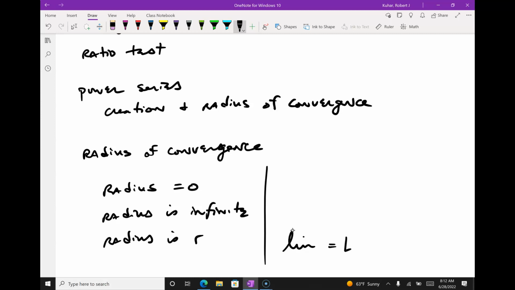When I get a radius of 0, well, when the radius is infinite, the limit is going to go to infinity, right?